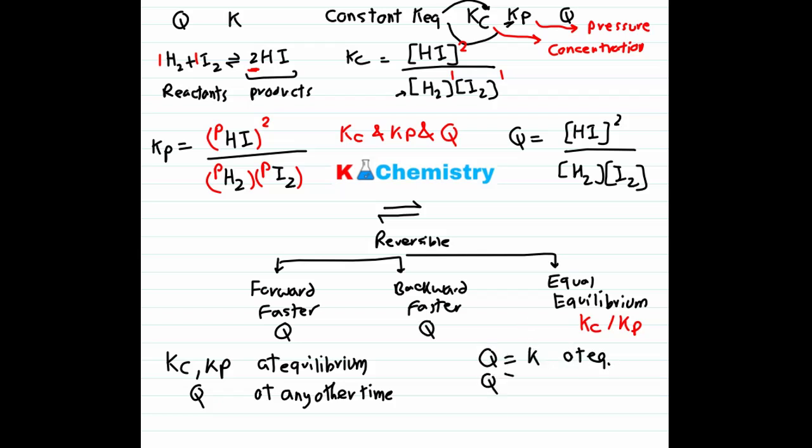If Q is more than K, you are moving backward, mainly because the backward is faster than the forward. If Q is less than K, mainly the forward reaction is faster than the backward reaction.